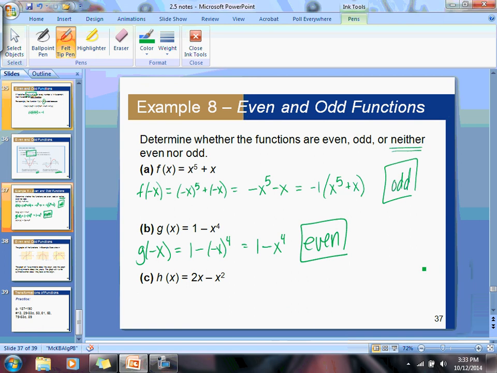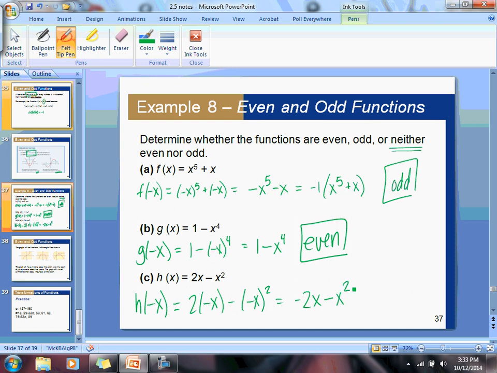Okay, and for our last example here, part C, we're still going to test this the same way. I'm going to plug in a negative x for the x. So I'll have 2 times negative x minus negative x squared. So 2 times negative x would be a negative 2x. And then negative x squared is going to be a positive x squared. But I still have that minus there, so it'll be minus x squared.